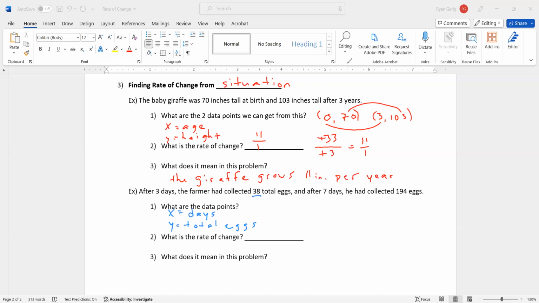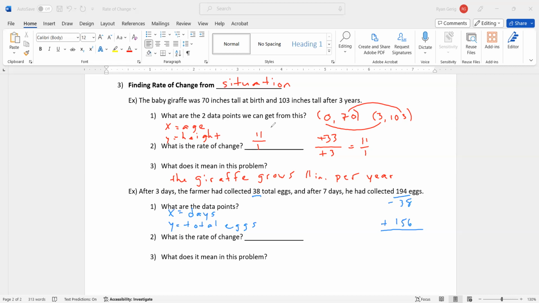So 38 and 194. Well, I got a lot more there. 194 minus 38. I don't have a calculator right here on me. Let's do the old school math here. We got 156. So 156 eggs is the change in Y over the change in X.